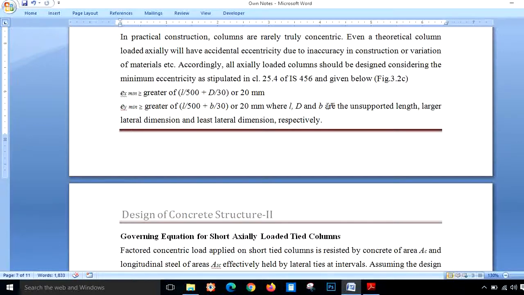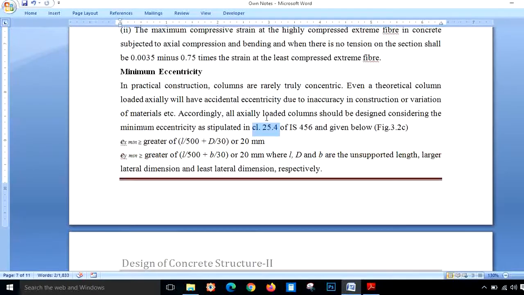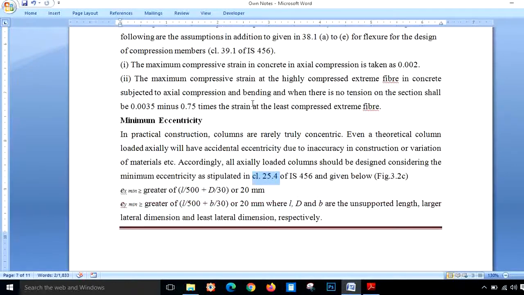You can go through these minimum eccentricity criteria while designing the column, as per clause 25.4 of IS 456.